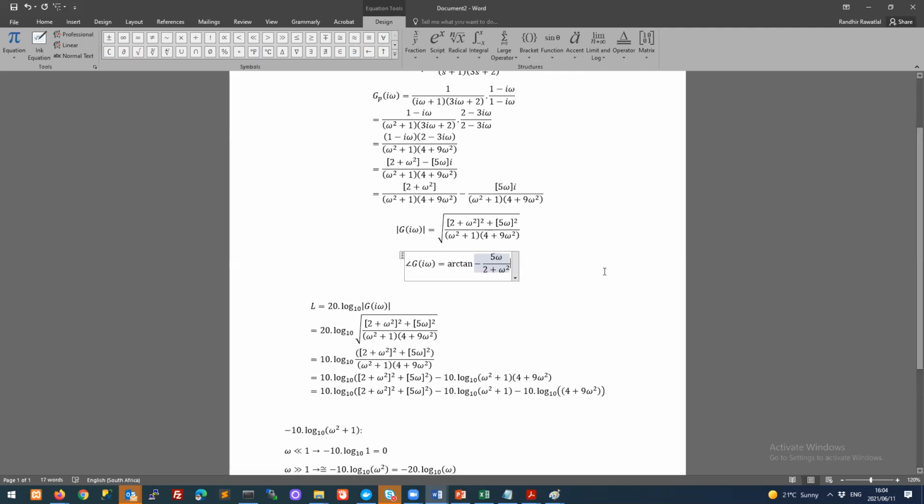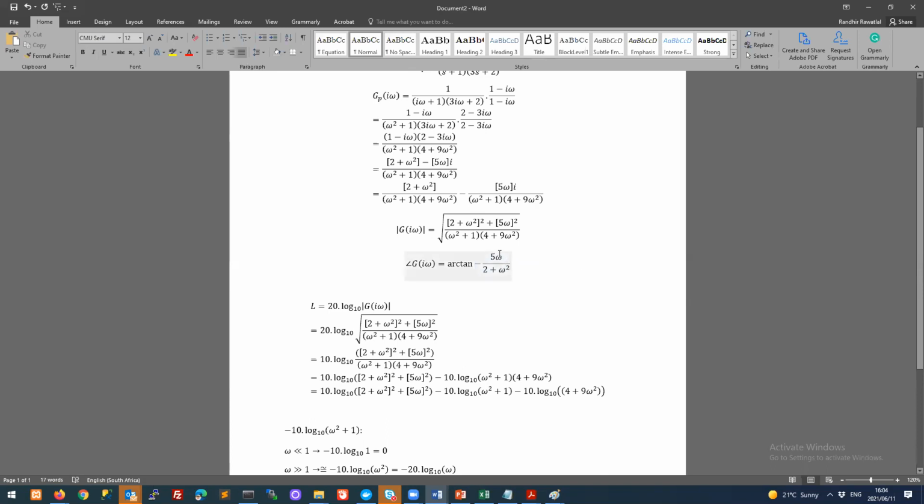And if you look at this function, for low values of omega, the numerator is going to be 0 and it's going to be 2 in the denominator. So for low values of omega, this is the arctan of 0.